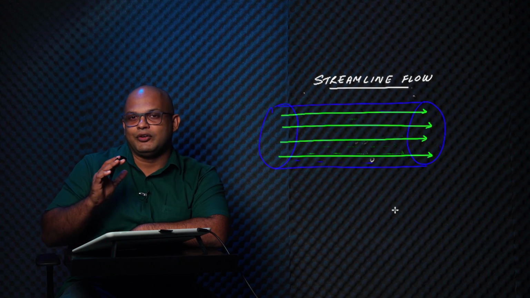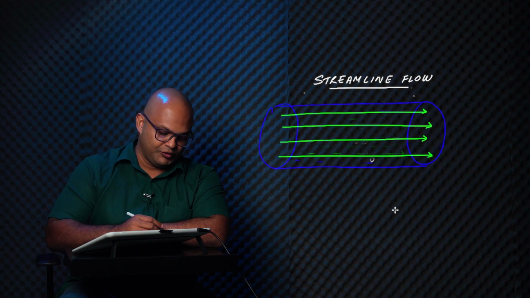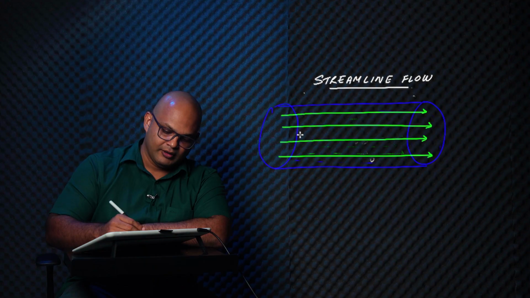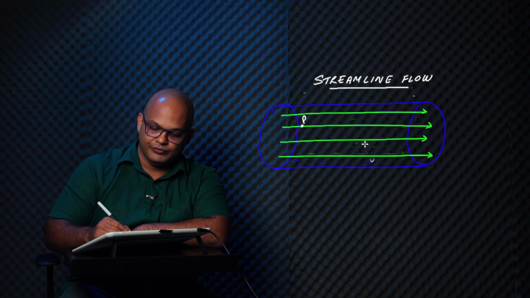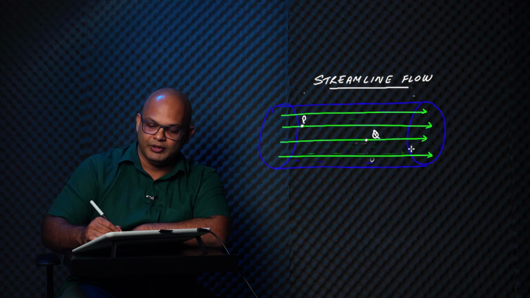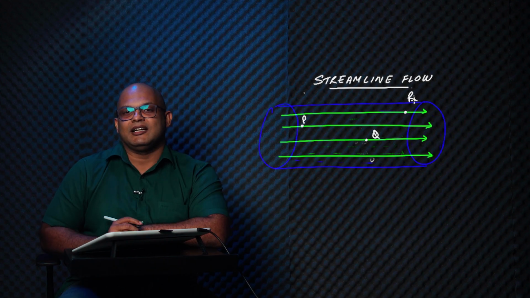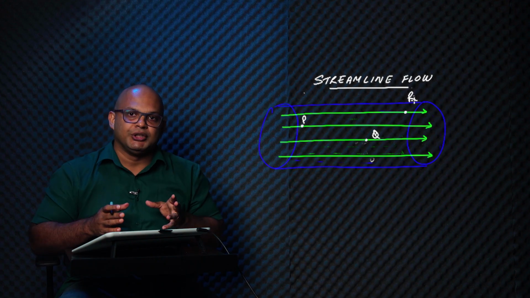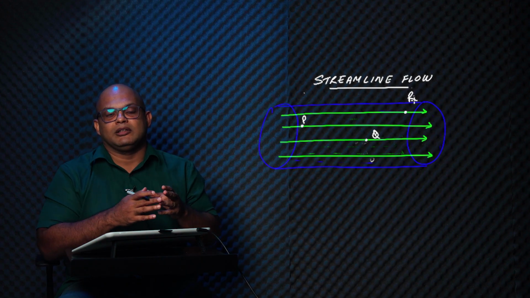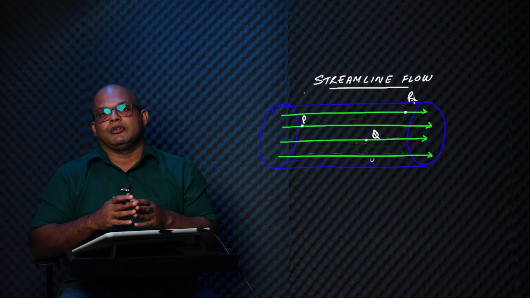Let's say that we pick 3 random locations in this pipe. Let's say that we have a location P, we have a location Q, and we have a location R. Now let's say that we have a method by which we can measure the velocity of the water particle as it is passing through these points.